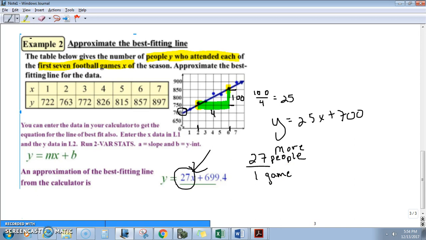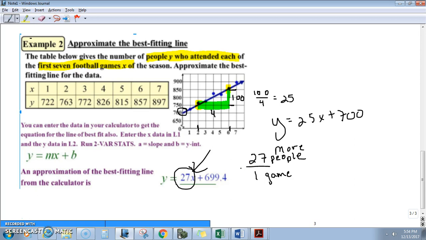So the first game, if there was 700 people, then the second game there was 727. So 27 more people attended each game. I'm assuming that they're doing pretty well. Like the Broncos right now, I'm pretty sure it'd be a negative slope. For every game we lose, 200 more people do not attend the game. So maybe if they're winning, 27 more people will now go to the game.